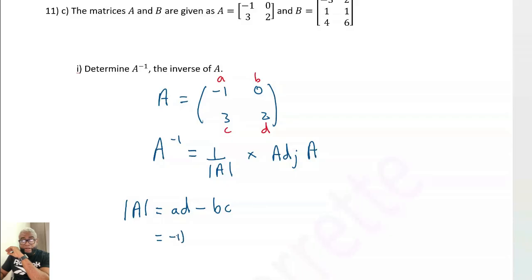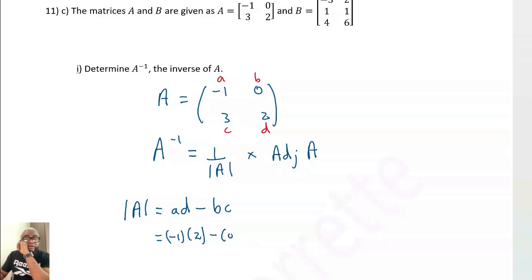So A is -1, D is what? Look at the matrix. No, D. What value is D? No, it's not -2, it's +2, it has nothing in front of it. So this is 2. Minus, what is B?